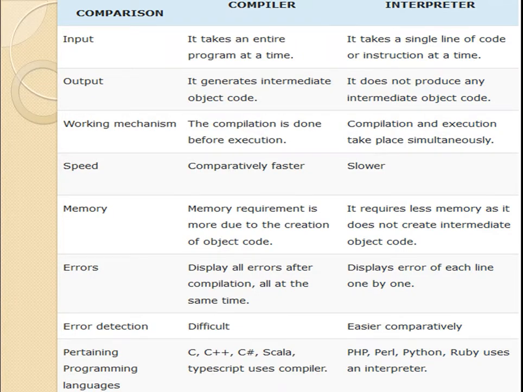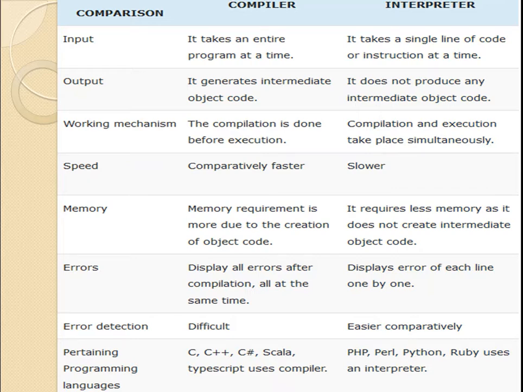So compiler and interpreter have the same function, to convert a high level programming language code into low level language, that is binary language. But the functionality is a bit different. Let us see the difference. The compiler takes the entire program at a time, while the interpreter takes single line of code or instruction at a time.